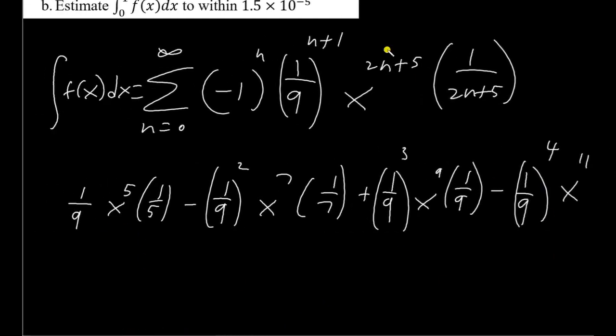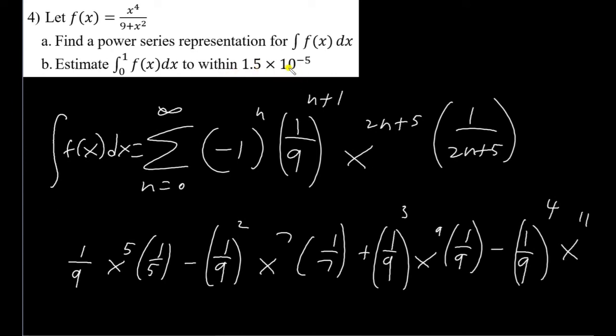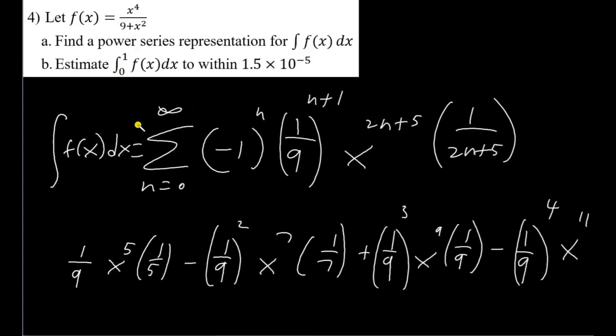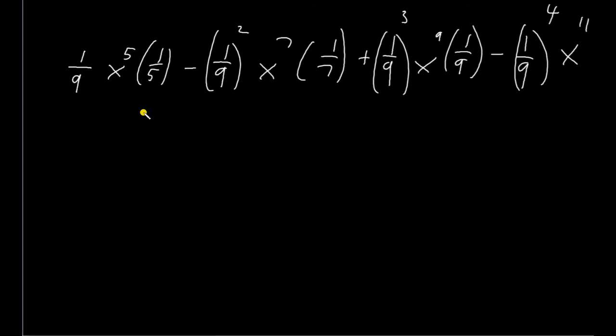So we want to estimate this to within 1.5 times 10 to the negative fifth. What we're going to do is look at what the actual value of these terms are if we were to plug in x equals 1, because we're taking the integral from 0 to 1. So we're going to plug in x equals 1 into each of these and see what we get.